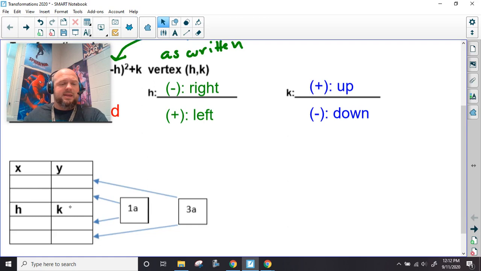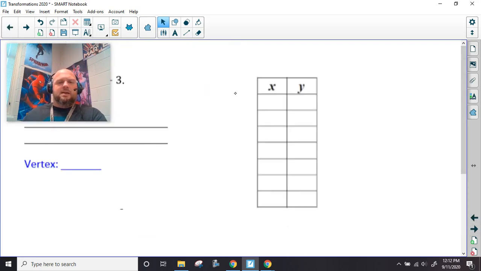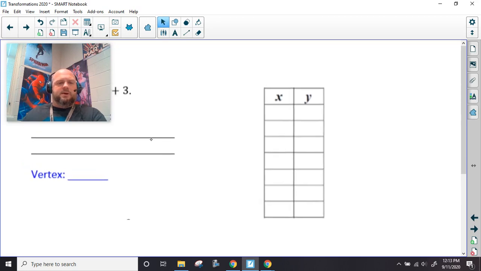H and K goes here. The numbers to the left, numbers to the right. And then these go up by 1A and 3A. Now, that was something that a lot of people had a hard time doing the first time around in Algebra 1, but we're going to look at some problems and go through it, and hopefully we'll do a little bit better.